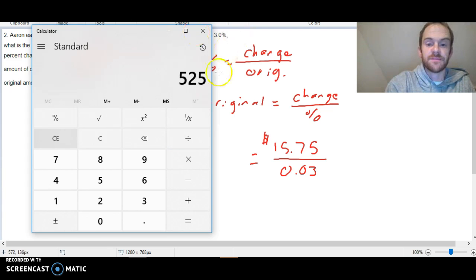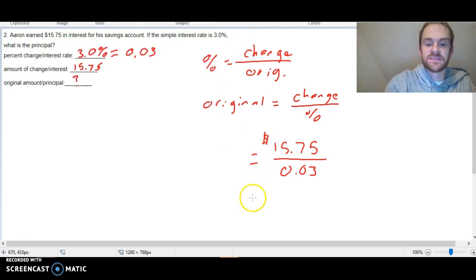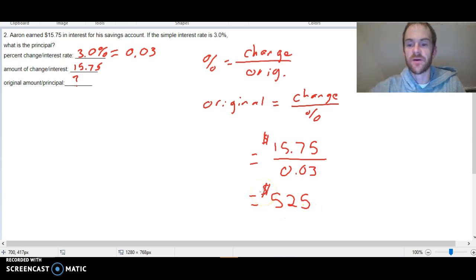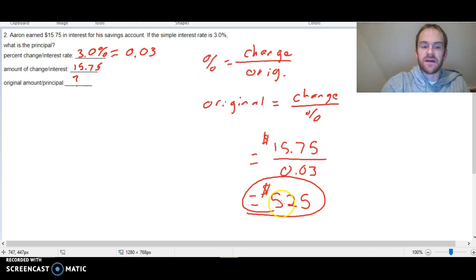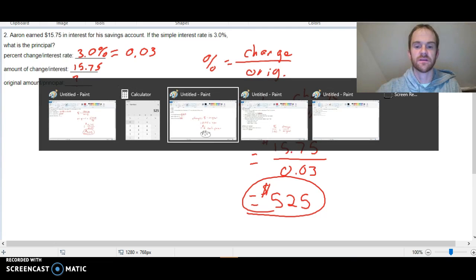This tells me then that he started with $525 in his bank account. So he put in $525. The bank let it sit there, and they paid him $15.75 after 1 year. But my starting amount in this case was $525. Again, just like a percent change problem like we've seen already.